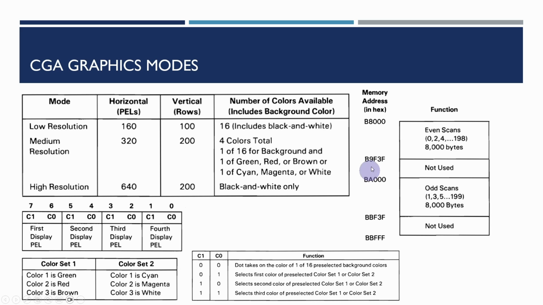The way that's handled is the CRTC raster address line is used to switch between the two. As we said in the original design, you use the RA0 line to switch between the two, but because we want to double scan things to take 200 lines up to 400 lines, we're probably using RA1.